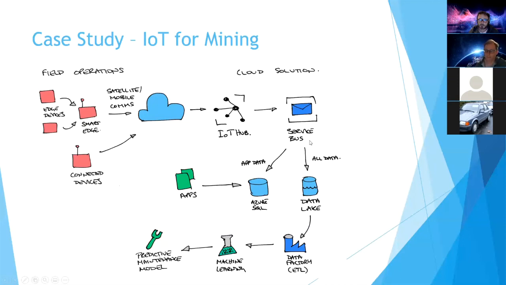So once we got data on the service bus, there were two destinations for it really. One of them was feeding into a relational database, because we wanted a small subset of the data for reporting purposes, and that was only really the last month's worth of data, just so that people can look at what my equipment is doing now, and that data kept on getting archived regularly to keep the data set small.